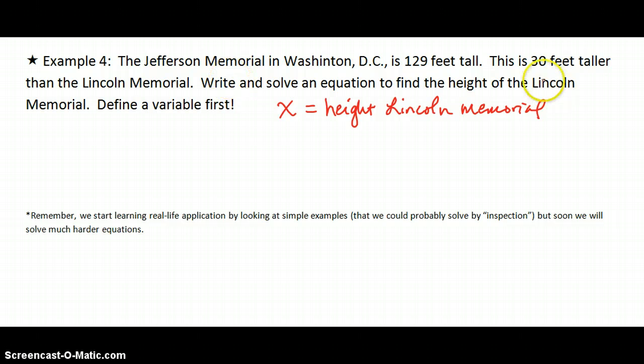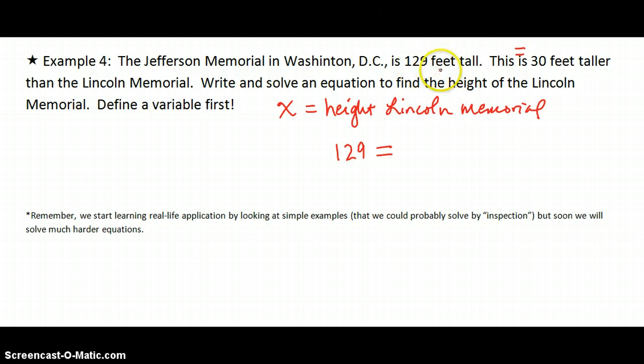It says solve and find the height of the Lincoln Memorial. So that's why I chose to define it as my variable. Alright, what do I know about the Lincoln Memorial? Well, the Jefferson Memorial is 129 feet tall, and the word is always means equal.